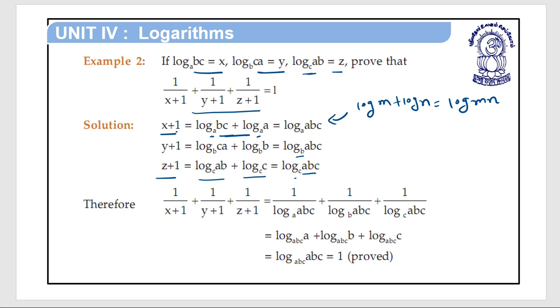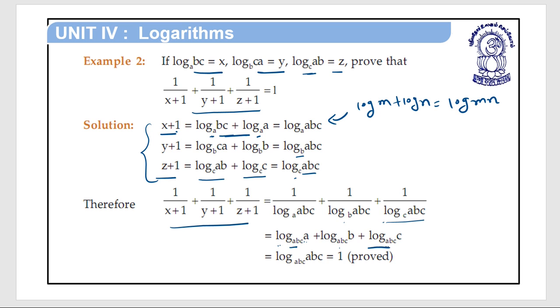Now put the values of x plus 1, y plus 1 and z plus 1 into this equation. So 1 upon log ABC to the base a plus 1 upon log ABC to the base b plus 1 upon log ABC to the base c. The denominator becomes numerator, so with log base change it becomes log a to the base ABC plus log b to the base ABC plus log c to the base ABC.